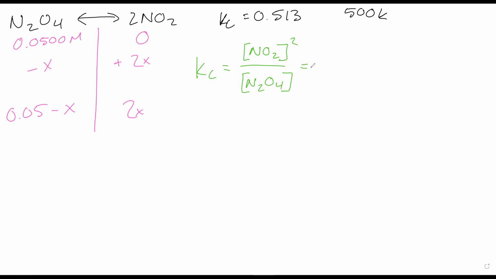Now that I have that, I can plug these values in and set them equal to this Kc value up here. So doing that will give me 2x squared over 0.05 minus x is equal to 0.513.